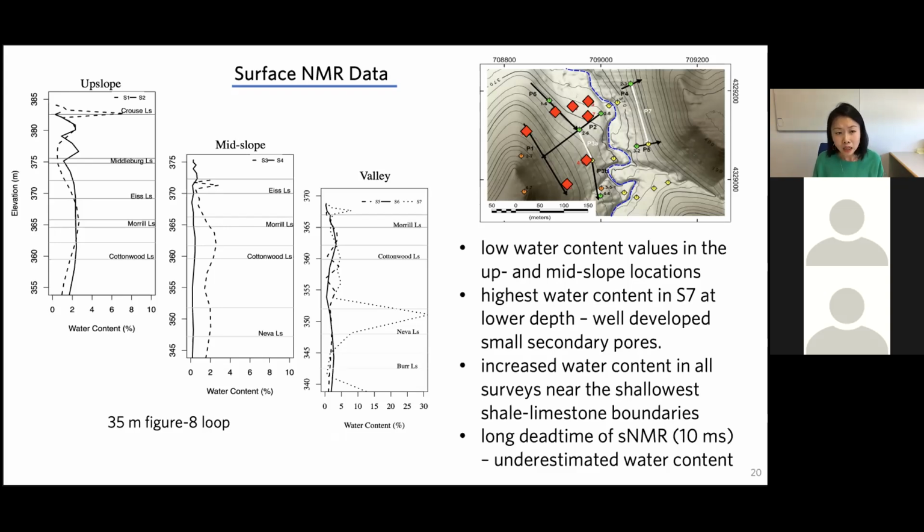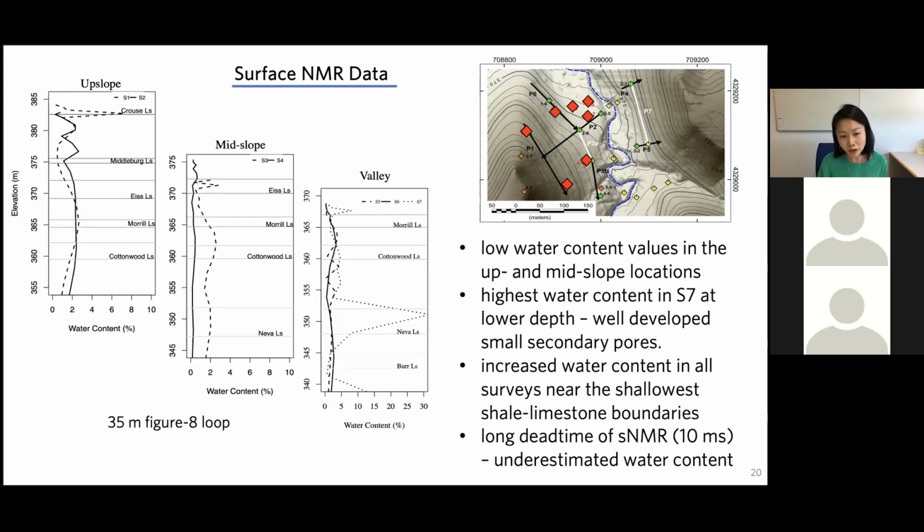And in all those profiles, we find there's an increased water content in the upper shale limestone boundaries. This is also very interesting, which is consistent with some previous studies like the Chenqi watershed study. They also noticed increased water content at the marlstone and limestone boundary.